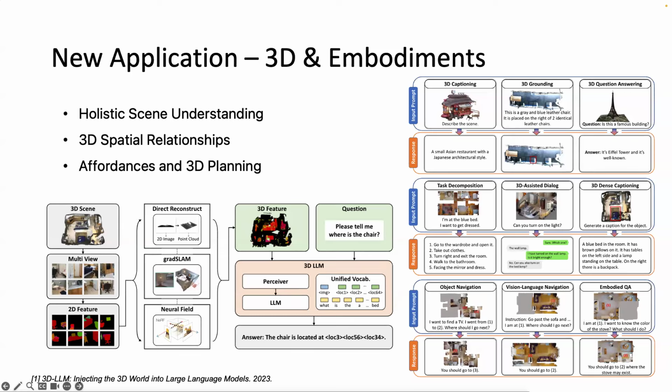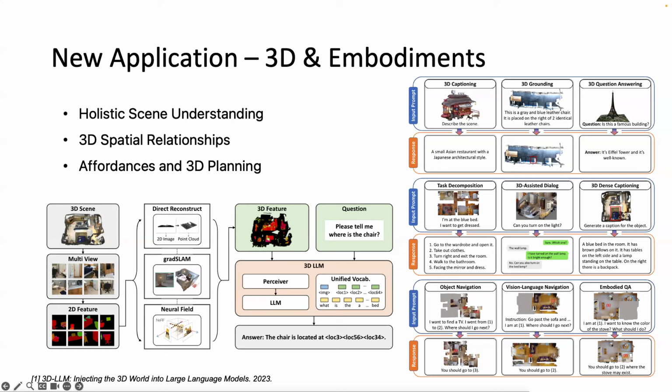So besides the UI understanding, there's also one possibility: we can leverage the 2D grounding models to 3D, and a lot of works have already started, like 3D-LLM. I guess that's a pioneering work. They can do 3D captioning, 3D grounding, as well as a bunch of other tasks, where they also involve some embodied AI tasks like object navigation, visual language navigation, embodied QA, a lot of stuff.